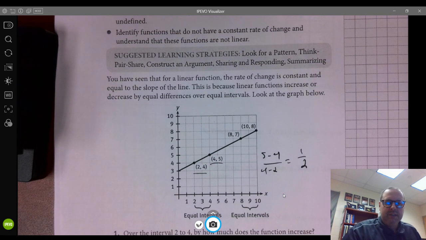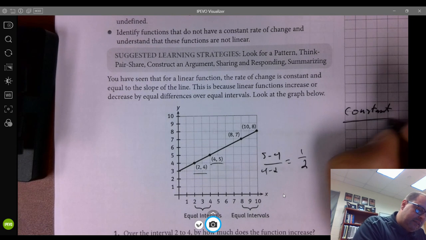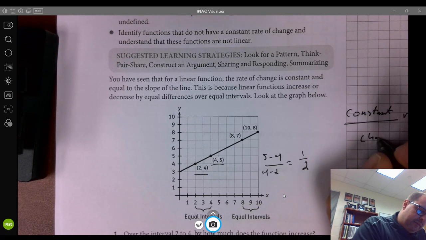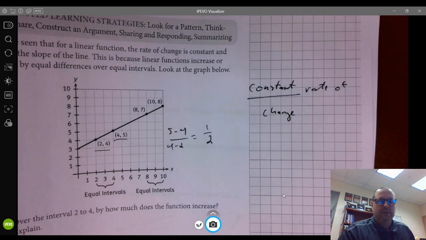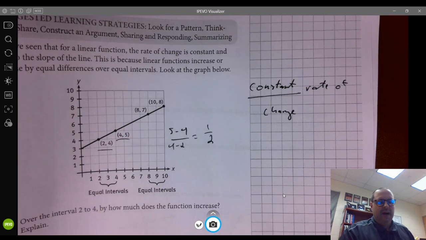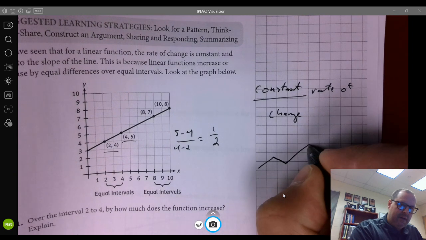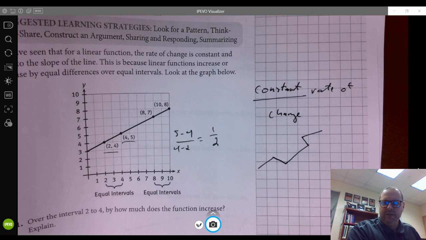Now, because a line has what we call a constant rate of change, sorry, a line, not a slope. It's a constant rate of change, meaning the line doesn't start here, then go this way, then here, then this way, and it doesn't keep changing around.